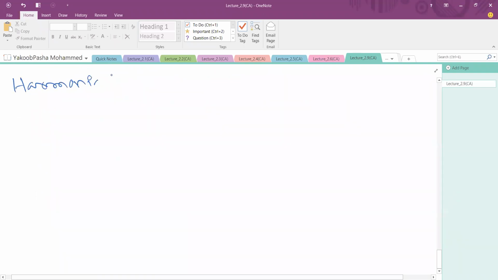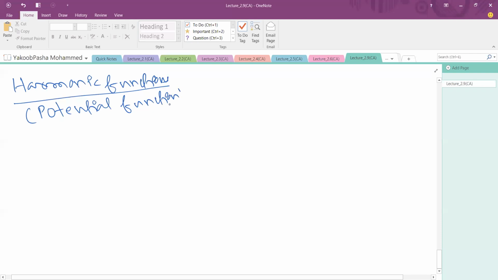Harmonic functions are also known as potential functions. Just the harmonic function definition. A harmonic function is also known as a potential function.